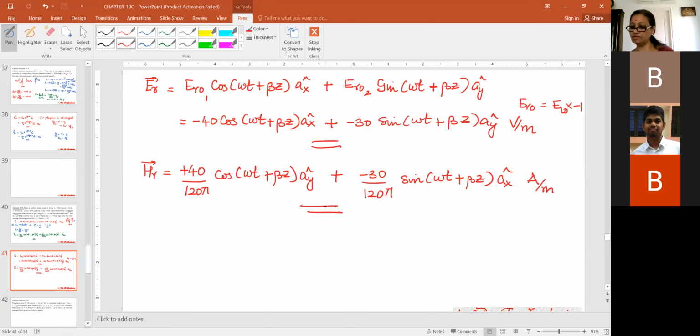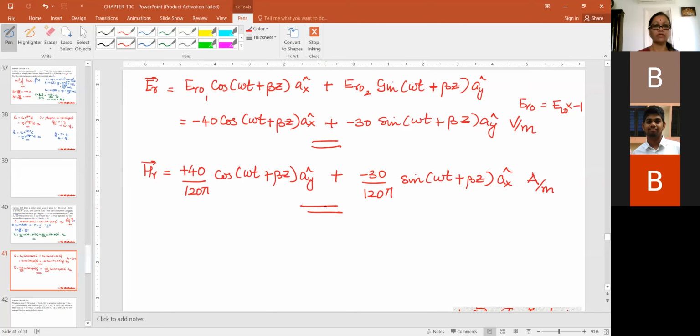So that's your reflected field. Let me check whether the answer is right. Yes, H reflected is 1 by 30 cos omega t plus beta z AY cap, then minus. Correct, it's correct.